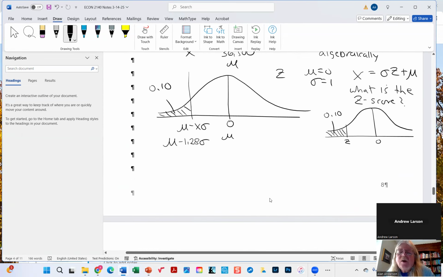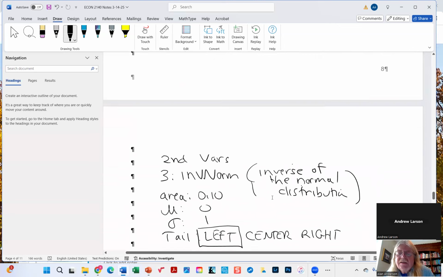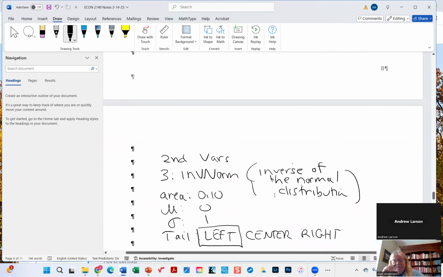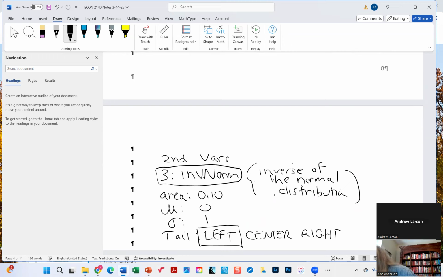Now, this requires us to introduce a new function on the calculator. So if you go to your calculator and look at second vars, scroll down this time, not to number 2, but to number 3. And it's called INV norm, which stands for the inverse of the normal distribution.